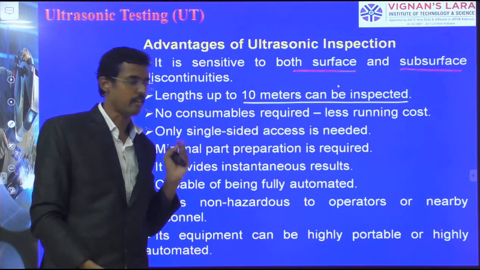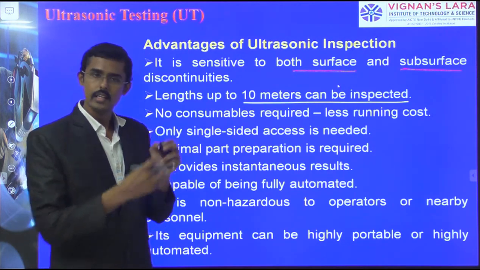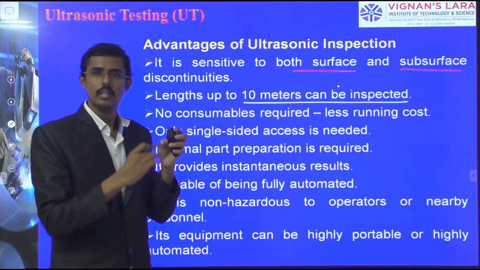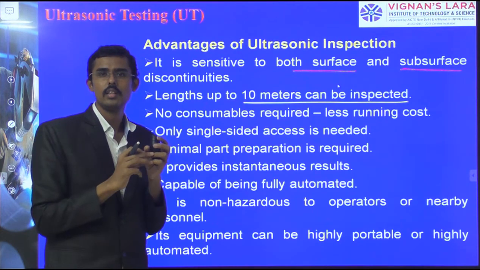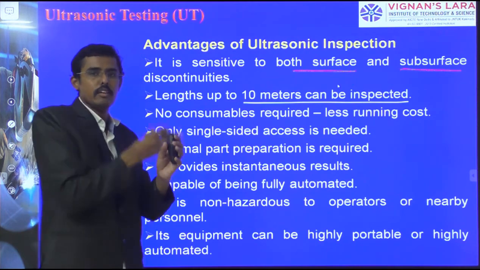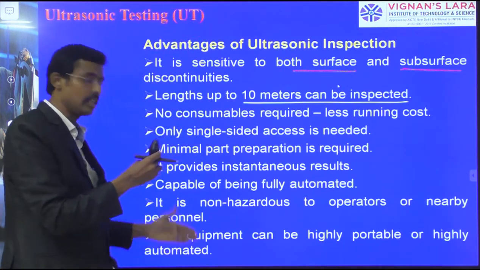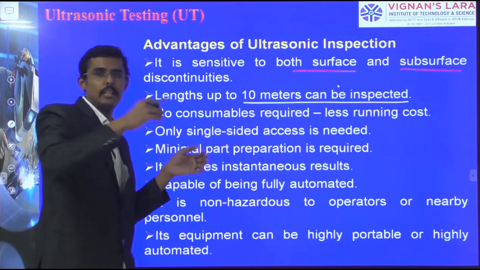We keep a film over the specimen and pass radiographic rays. The slag inclusions, tungsten inclusions, porosities, clustered porosities, whatever is present, fall over the film. For the entire length of the specimen, we have to keep a lengthy film behind it.